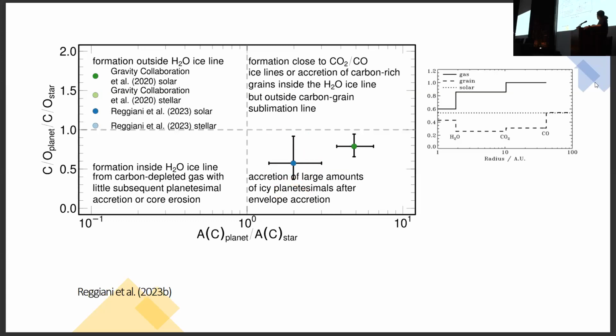And both analyses agree that the planet formed outside the ice line, and after the planet was formed, you had a lot of accretion of icy planetesimals to explain the relative abundance of oxygen that we see between planet and star.